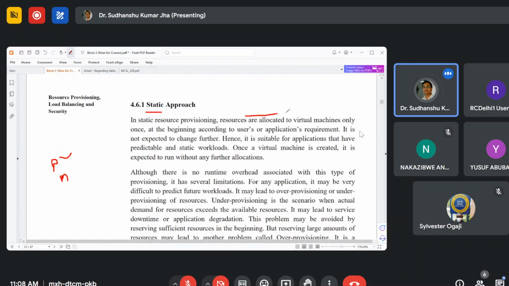Accordingly, as per the customer demand, that many resources are allocated to the virtual machine.